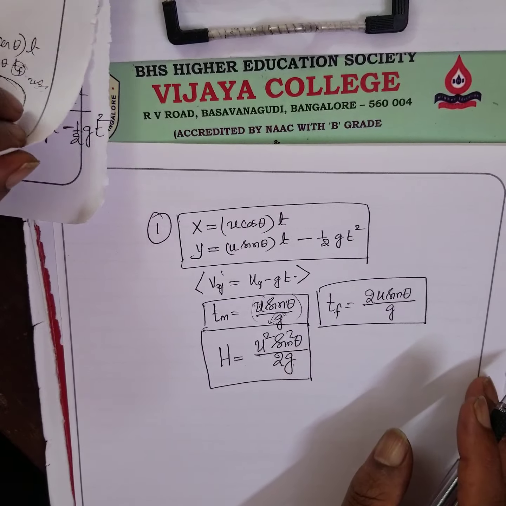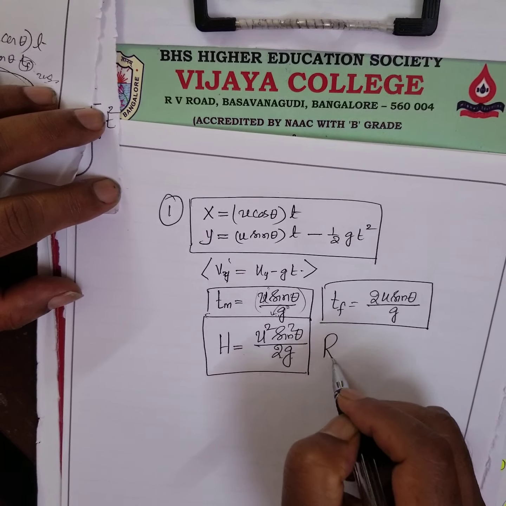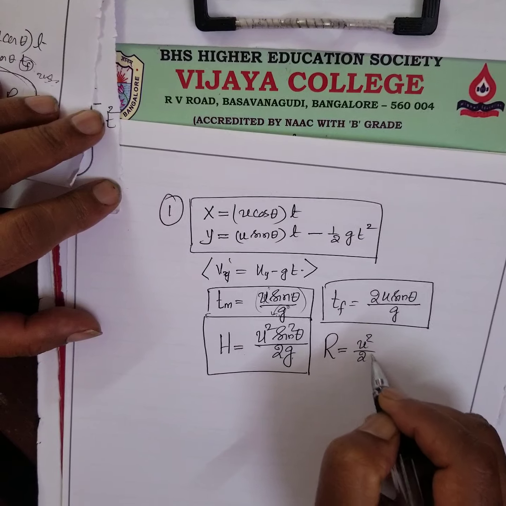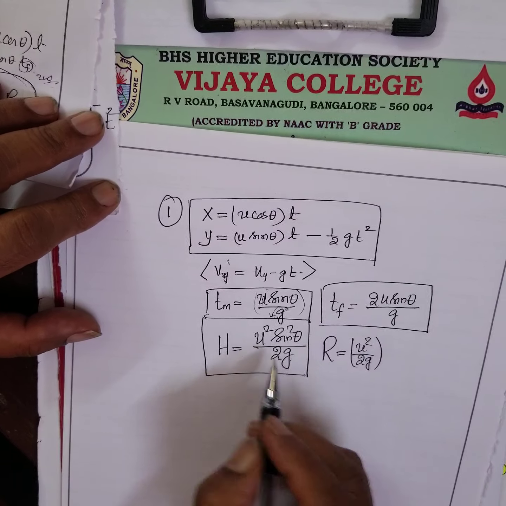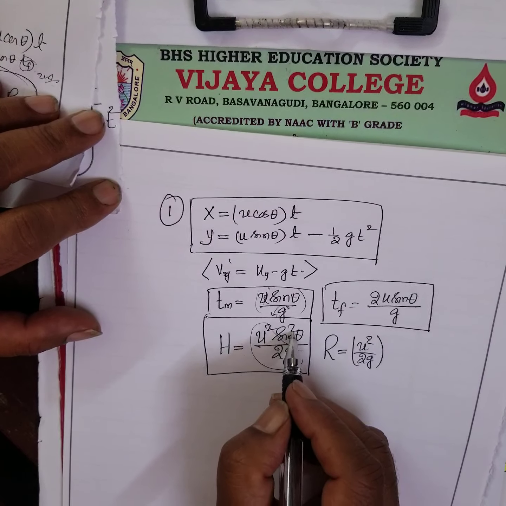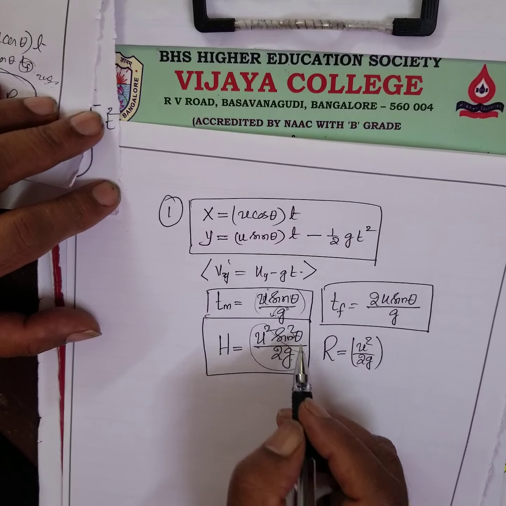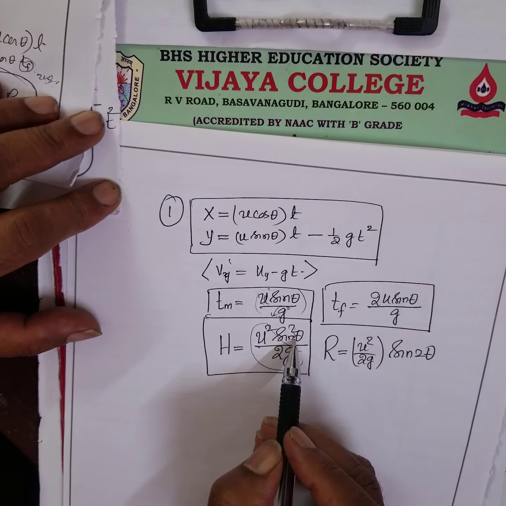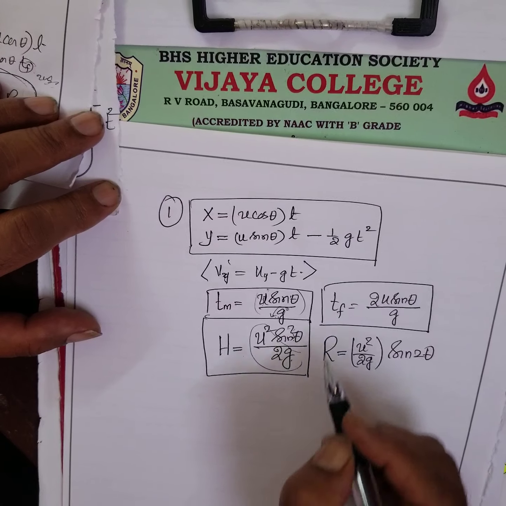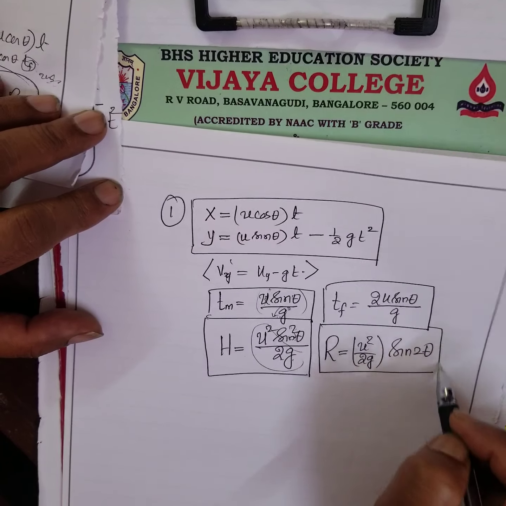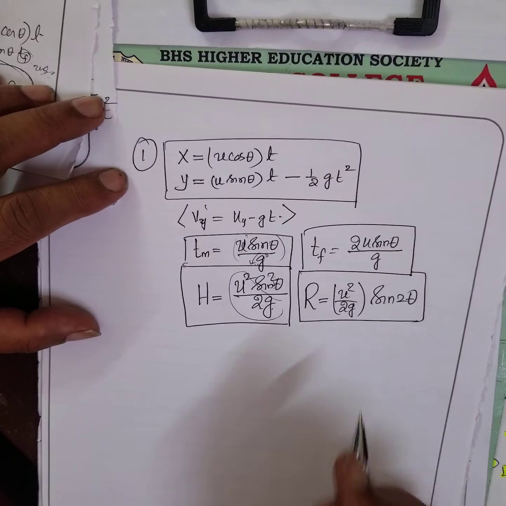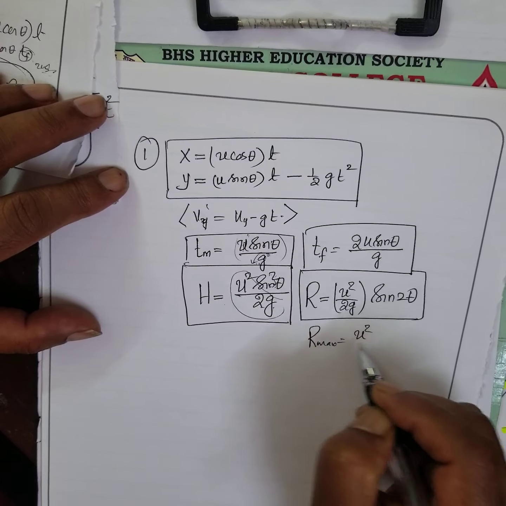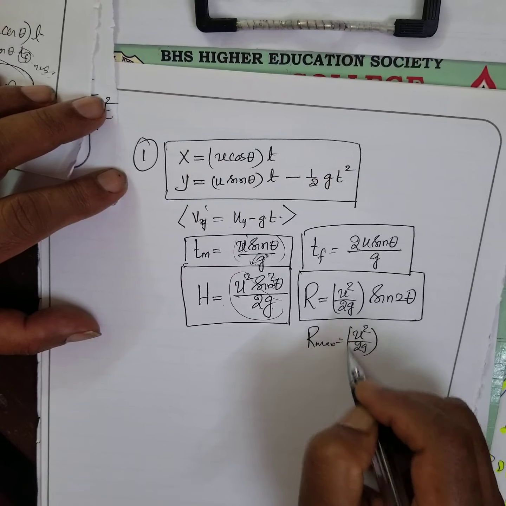Maximum height. Then what is the range? Range is equal to u square by 2g. See, here 2 also slips, the 2 comes here. Power becomes the coefficient. And what is R maximum? U square by 2g.